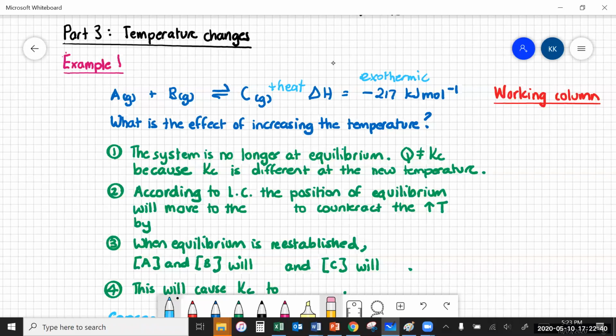So we're going to look at what the effect is of increasing the temperature. So why is the system no longer at equilibrium? Well, Q hasn't done anything, but Kc, the equilibrium constant, is different if the temperature changes.